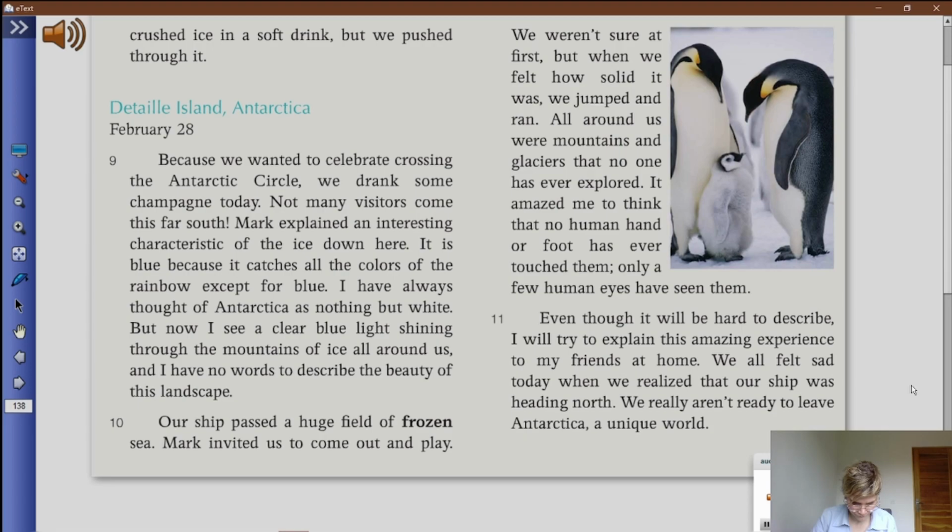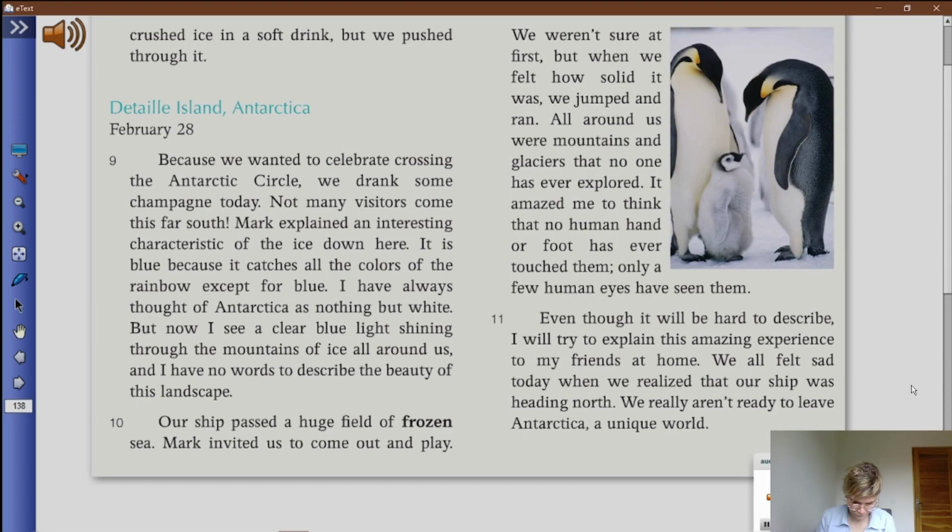Our ship passed a huge field of frozen sea. Mark invited us to come out and play. We weren't sure at first, but when we felt how solid it was, we jumped and ran. All around us were mountains and glaciers that no one has ever explored. It amazed me to think that no human hand or foot has ever touched them.